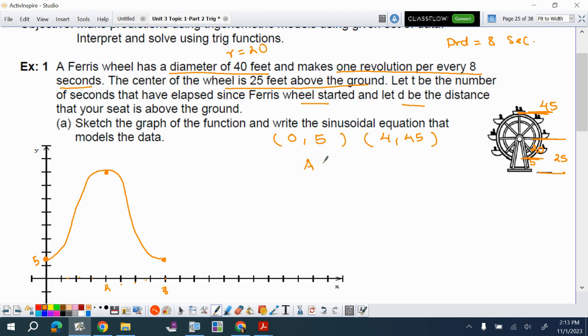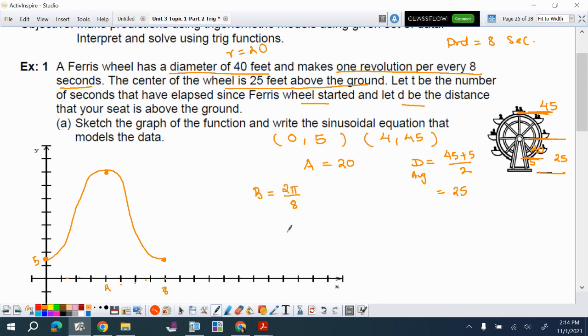You have to find the values of A and D. Remember, D is the average. Average is always the sum of the two divided by 2, which is 45 plus 5, 50, divided by 2 is 25. A is the amplitude, which is the radius, and that is 20. B is 2 pi over the period, which is 8.